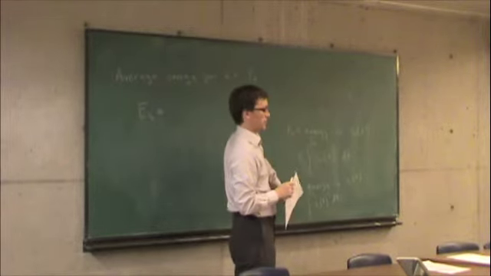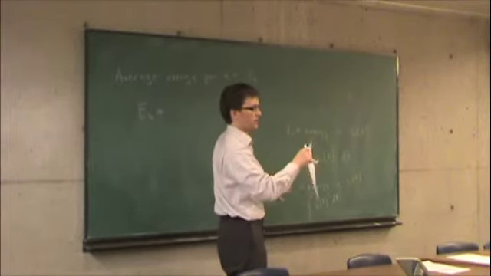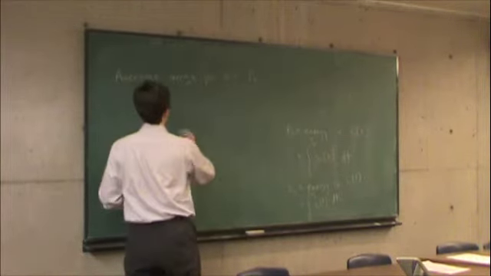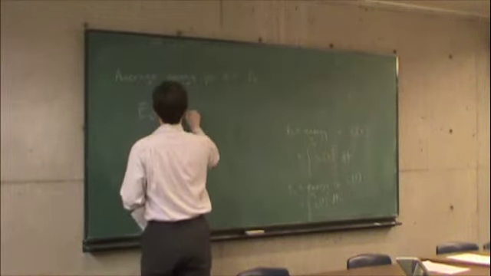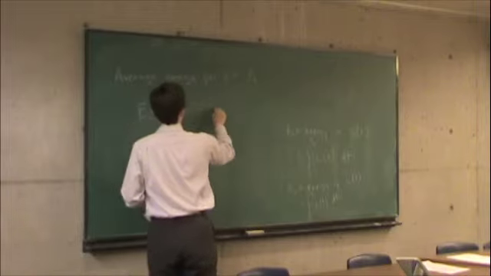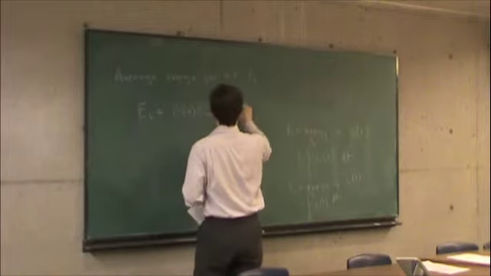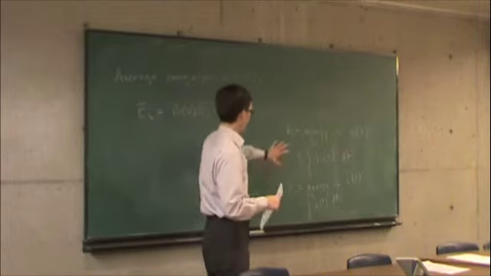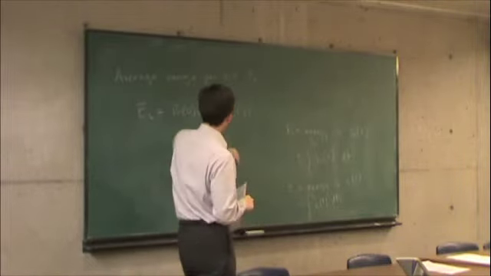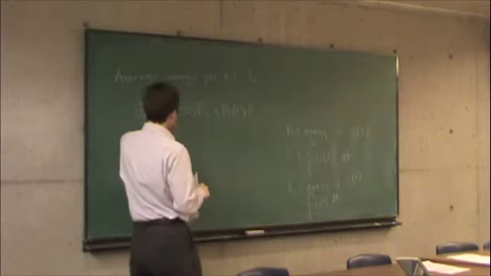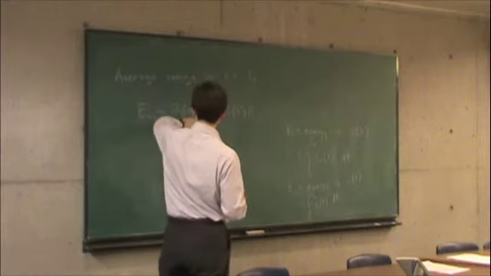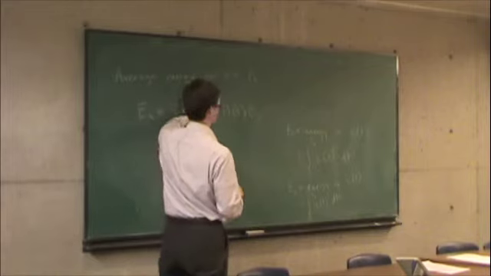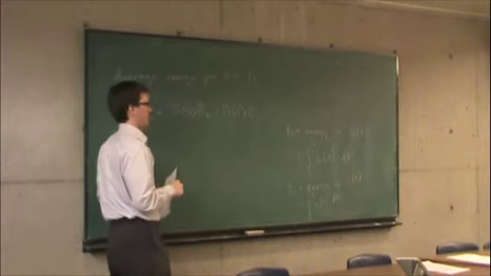But is it an equally weighted average, or how do I weight the average? Probability of 0 times the energy of 0, probability of 1 times the energy of 1. Exactly. So it's the probability of 0 times E0 plus the probability of 1 times E1. For instance, if you had lots of energy in E0 but it occurred very seldom, then E0 would be large, but P0 would be very small, so it wouldn't contribute very much to EB, the average energy.